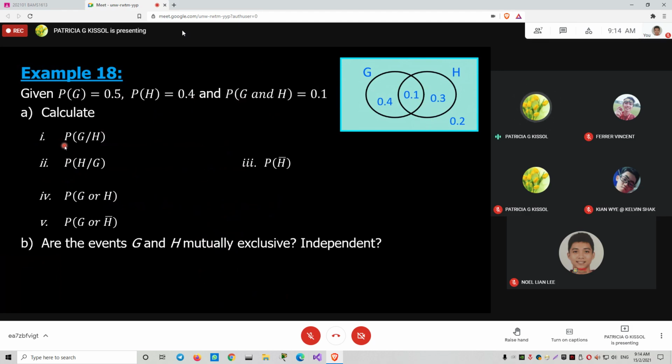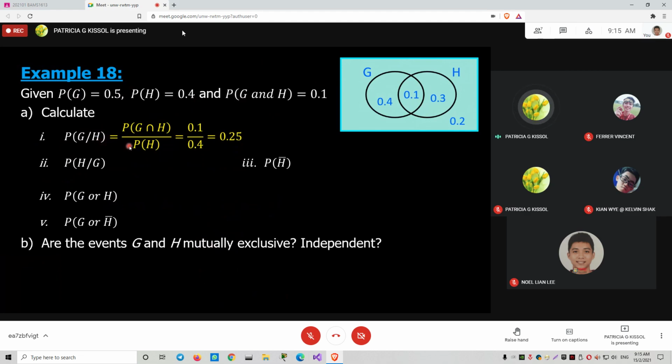In order to answer the first part, probability of G given H, the probability of the event G given H has happened, we have to use what we call conditional probability, and that is given by this formula. As I mentioned in our previous class, if we want to find probability of G given H, the numerator, as you can see where my pointer is, is the intersection between G and H first of all, and then we divide by the denominator, which is obtained from the given value.